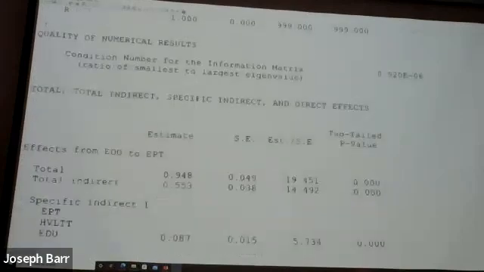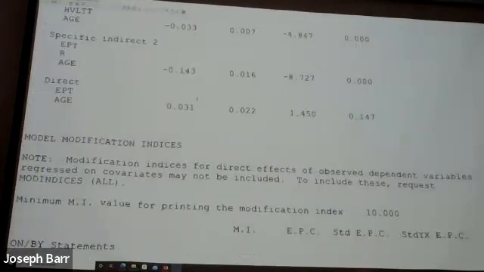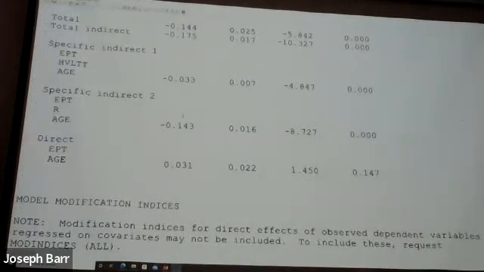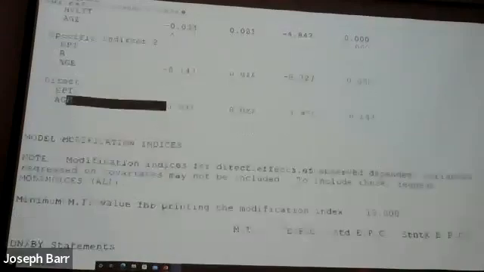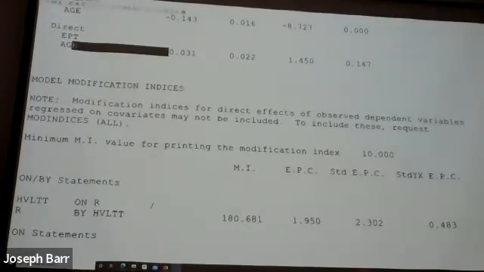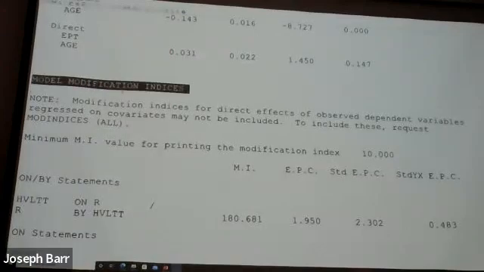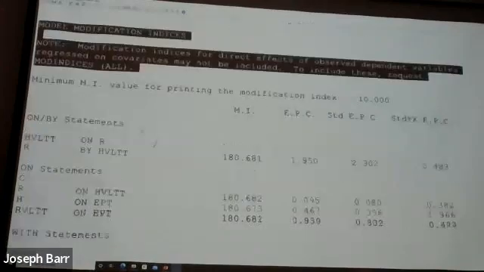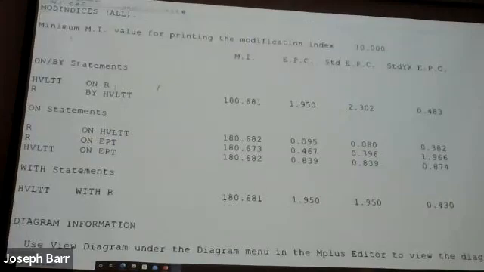Okay. And then the last part, after the mediation analysis in the previous result, we just added it here. For modification, we have some additional output: the model modification indexes. These are the results for the model modification.